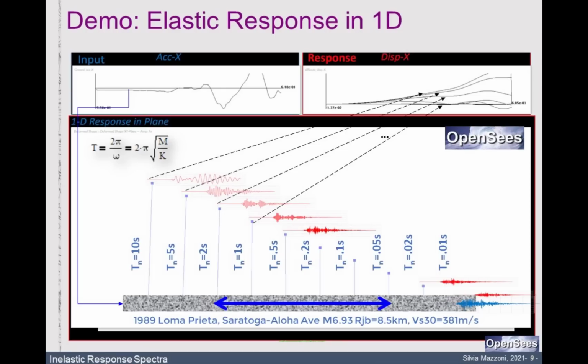I wanted to show you a quick demonstration, all in OpenSees. This is what we're actually doing when we're doing our single degree of freedom analyses. I do it with a lot of them, and what you see on the top right-hand side is the response: same ground motion, different periods and characteristics. Here I'm just showing you as a height.